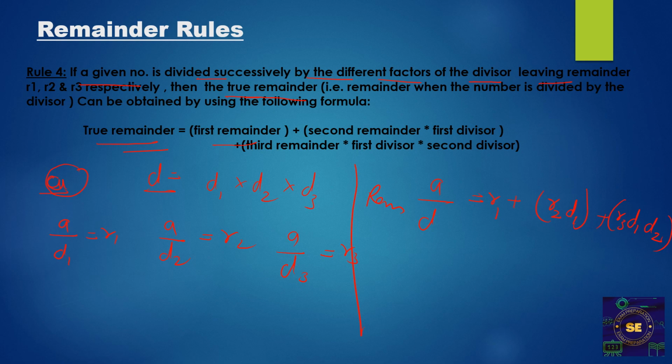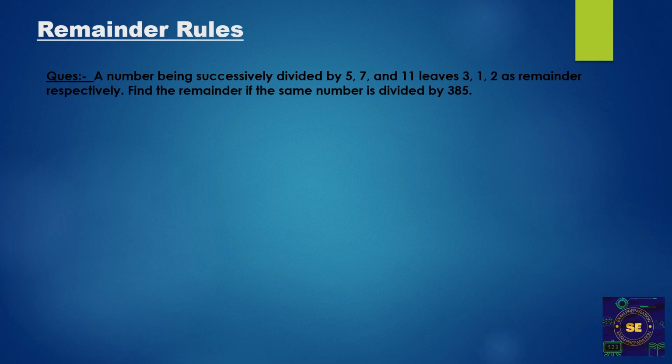Now let's see a question. A number being successively divided by 5, 7 and 11 leaves remainders 3, 1, 2 respectively. Find the remainder if the same number is divided by 385. To apply rule number 4, we have to check that 5, 7 and 11 are the factors of 385.